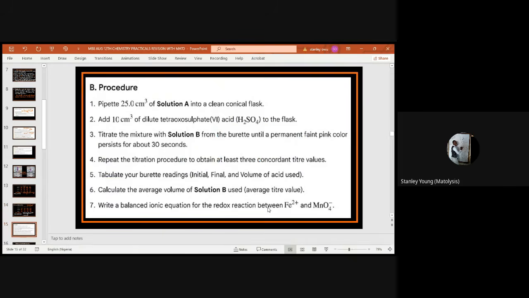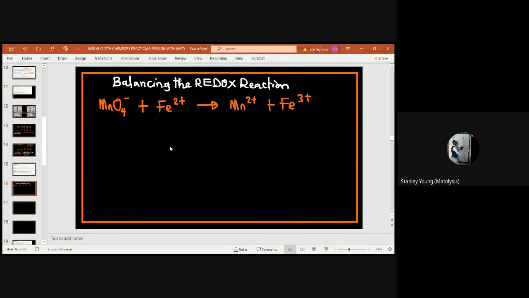Now we'll move on. So we've dealt with 1, 2, 3, 4, 5, then 6. So now it's time to find out 7, which is write a balanced ionic equation for the redox reaction between Fe2+ and MnO4-.